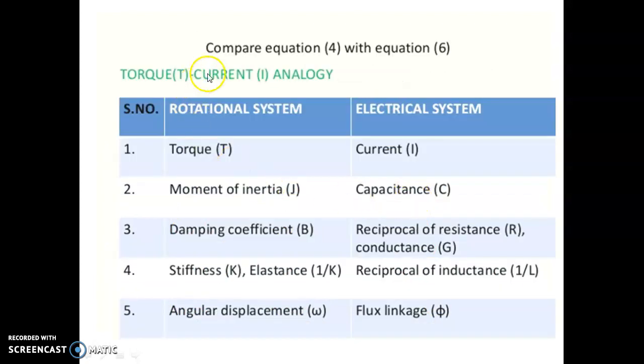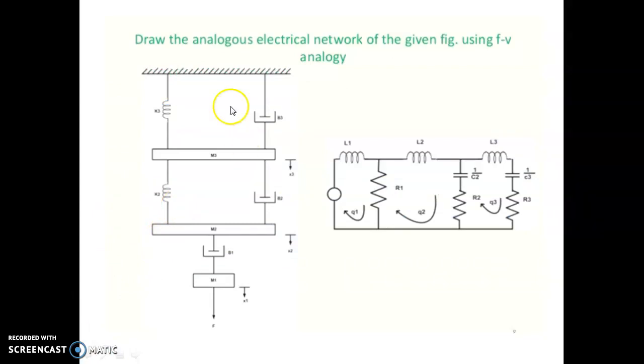Similarly, if current is there, the torque current analogy, at that time the current elements will be replaced by the rotational mechanical system elements. So the given mechanical system we have converted into a force voltage electrical analogous system. If you use the force voltage analogy chart, you are able to convert this into the force voltage analogy diagram.